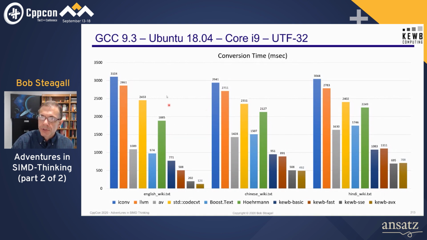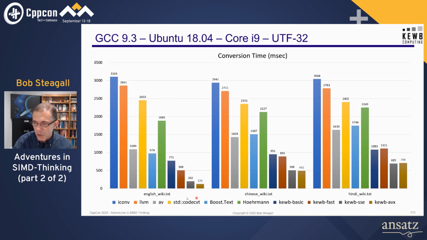Here I've got the timings for GCC 9.3 on Ubuntu 18.04. And along the bottom here are the color codings. You've got iconv, LLVM, Alexey Vatchenko's, std::codecvt. You've got Boost.Text. You've got Björn Höhrmann's implementation.